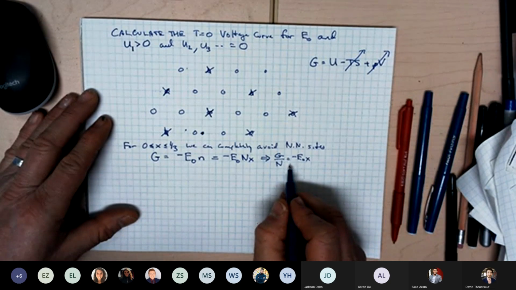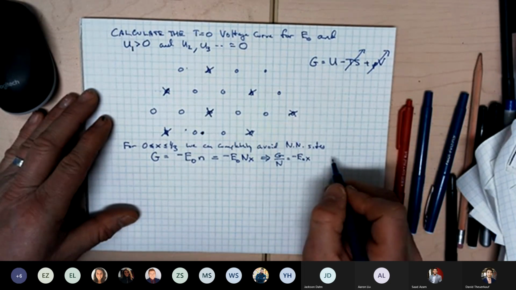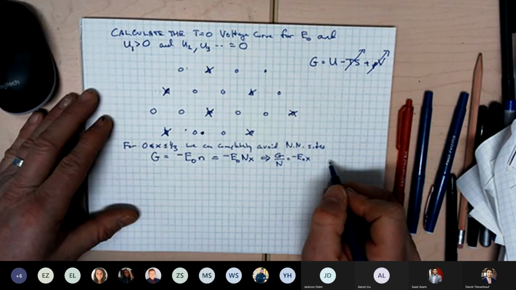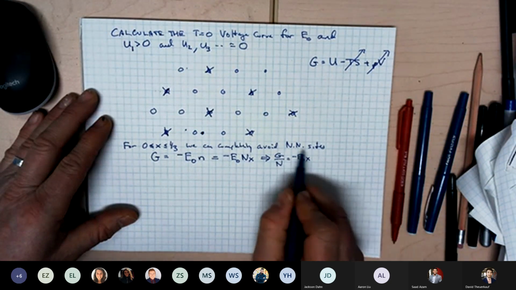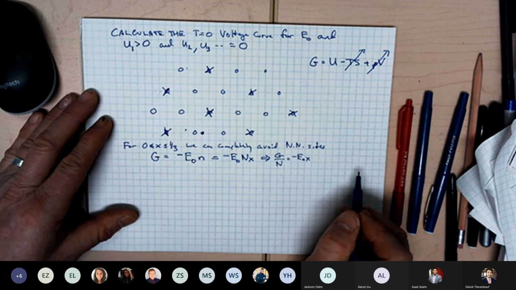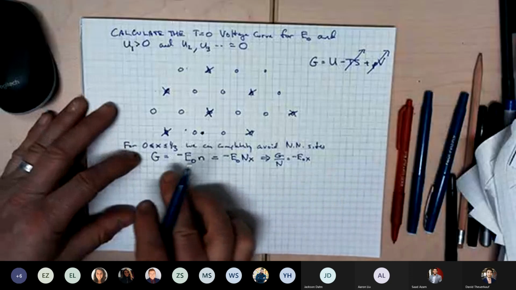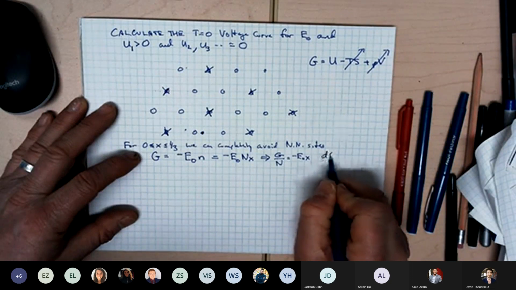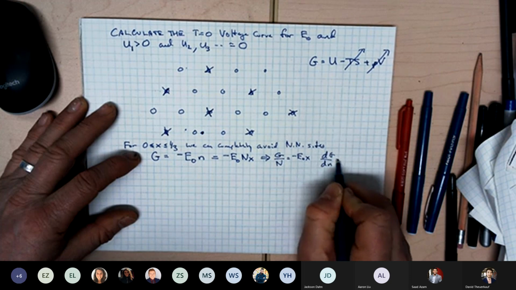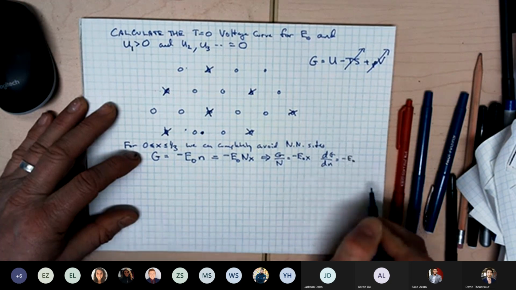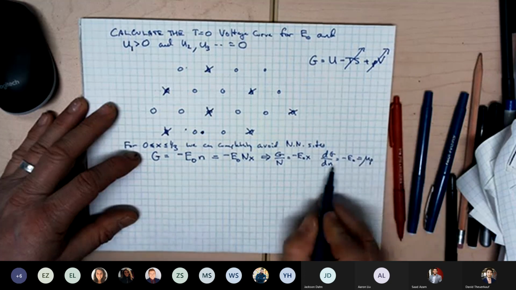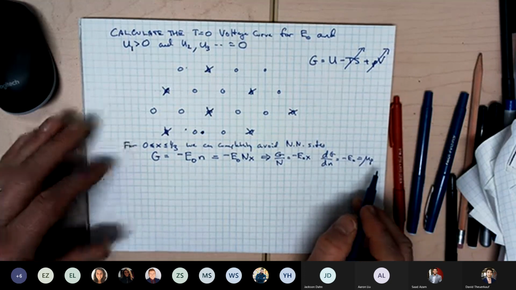And you can calculate the chemical potential and hence the voltage, because the chemical potential is the derivative dG by dN. So dG by dN is just minus E naught, and the voltage is the negative of this.